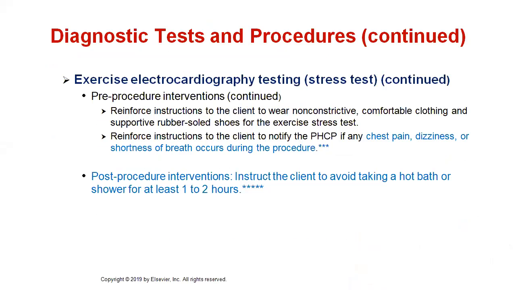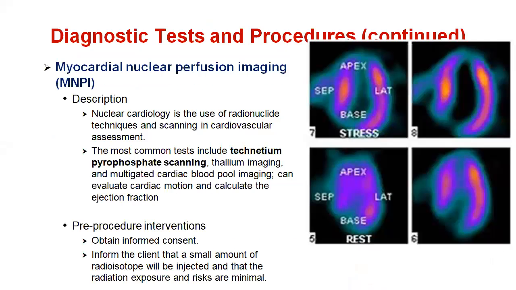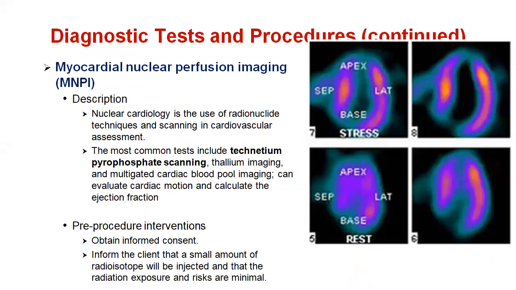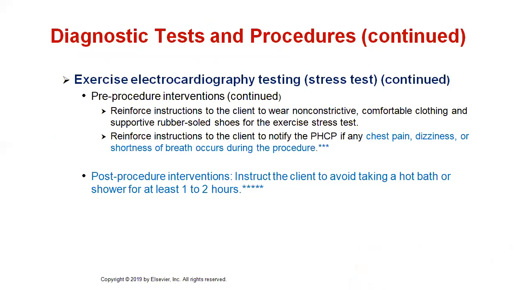So as an LPN or RN, what do we have to tell our patient, or teach the patient? Pre-procedure intervention: reinforce the instruction to the client to wear non-constrictive, comfortable clothing and supportive rubber-soled shoes.